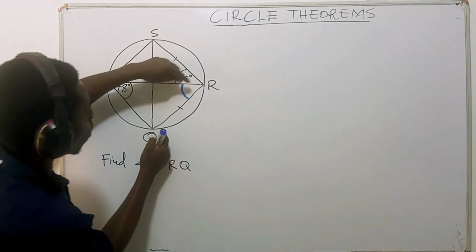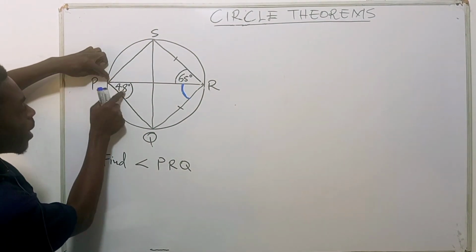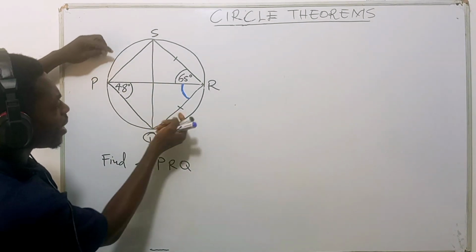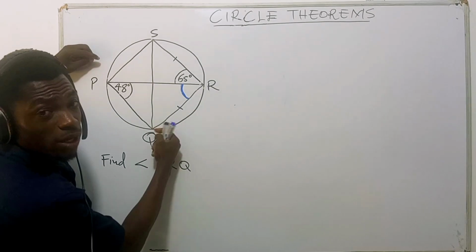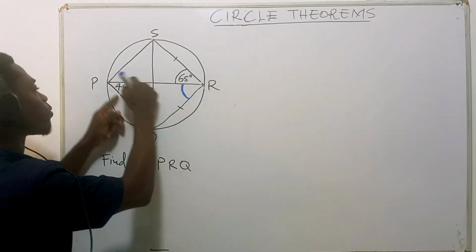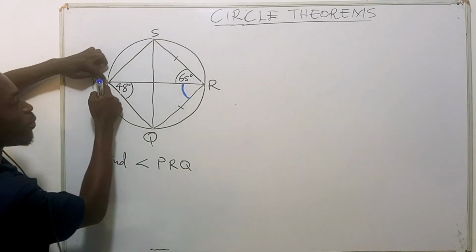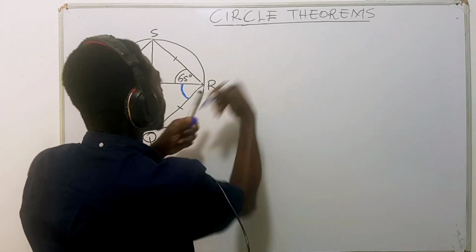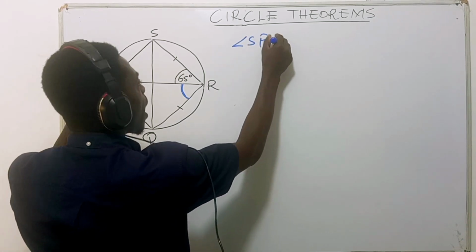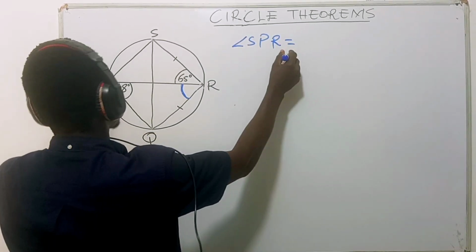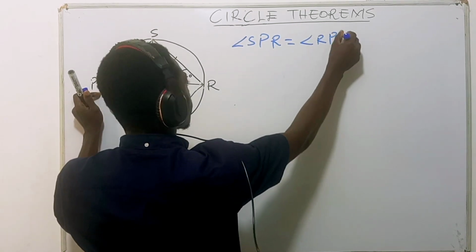So because they are equal, this chord subtended this angle right here, which is 48 degrees. And it must be the same as the angle formed here. Why? Because the chords are equal. So the angle that this chord is forming here must be the same as the angle this chord is also forming here. So it means that straight away we can just say that angle SPR should be equal to angle RPQ.